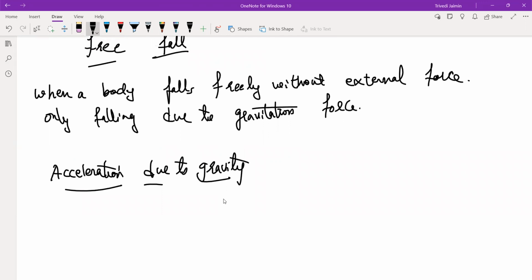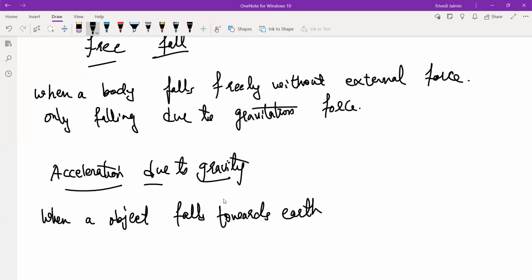When an object falls towards the Earth because of Earth's gravity, there is an acceleration which is just due to gravity, not external.